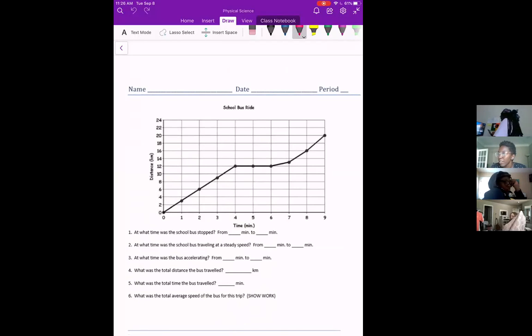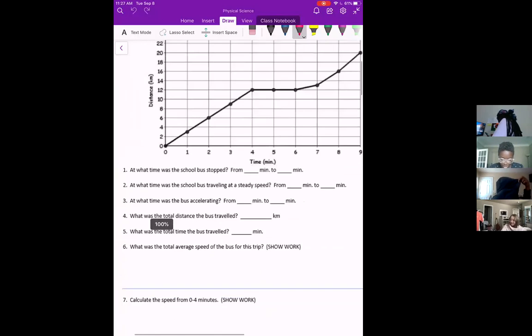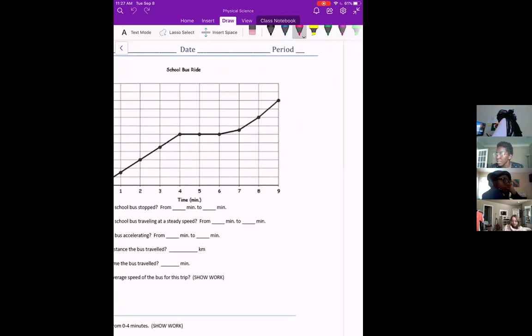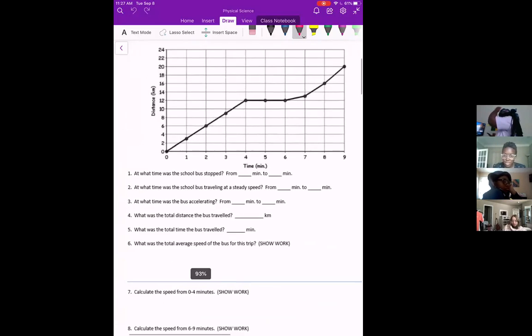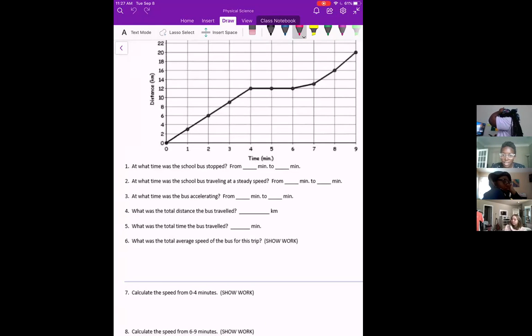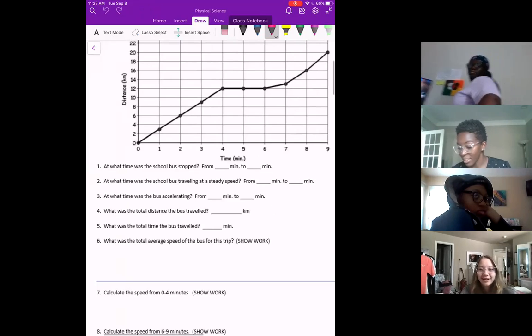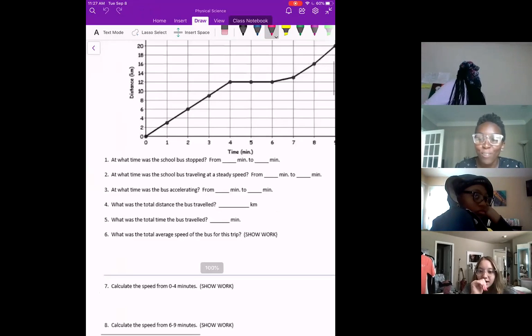All right, so now if we are looking at the total average speed for the bus, somebody tell me, Kaylee, can you tell me the formula for speed?